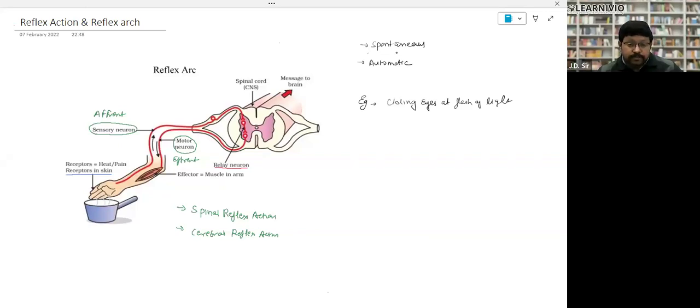Watering of mouth, seeing favorite food, and opening of mouth, hearing loud sound.